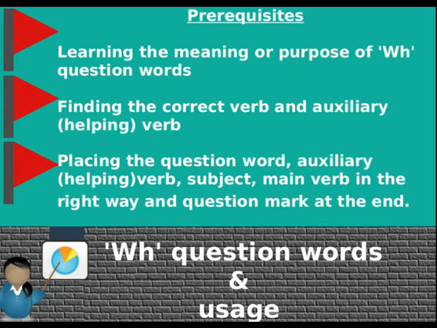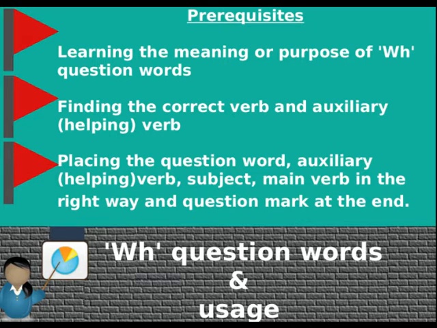Next one is you should be able to pick up from a sentence the correct verb and auxiliary verb. Sometimes the auxiliary verb, the helping verb, may be hidden. In that case, you should learn the technique of picking out the correct hiding auxiliary.